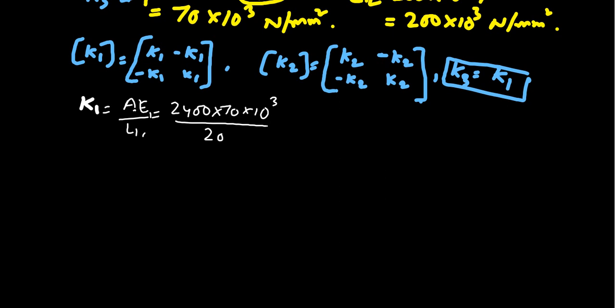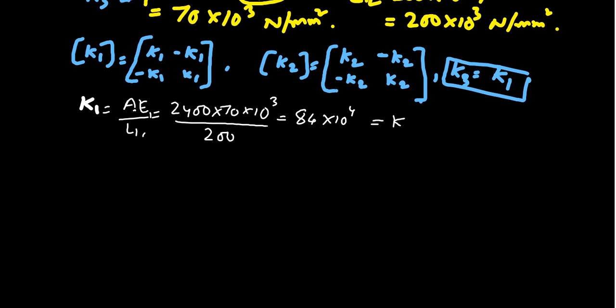From this calculation we got 84 into 10 power of 4 Newton per millimeter. So this is equal to the K3 value.